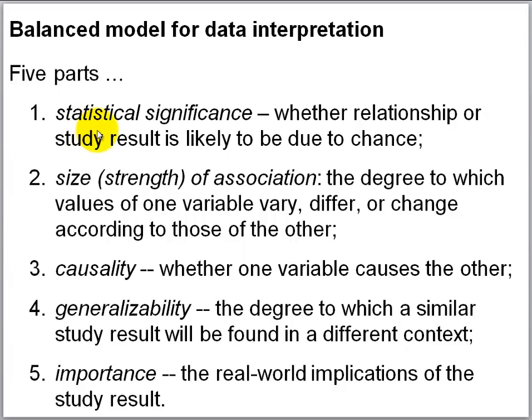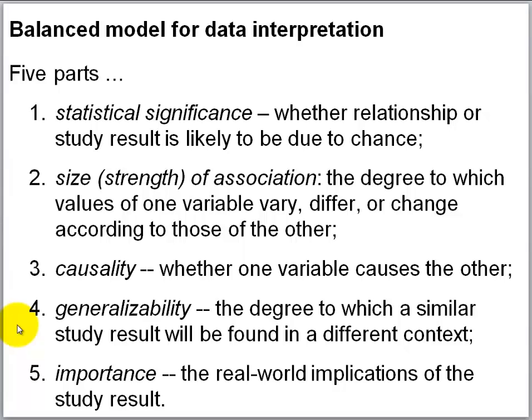Statistical significance, whether a result is likely to be due to chance. Size of association, the degree to which the values of one variable vary, differ, or change according to those of the other. Causality, whether one variable causes another.